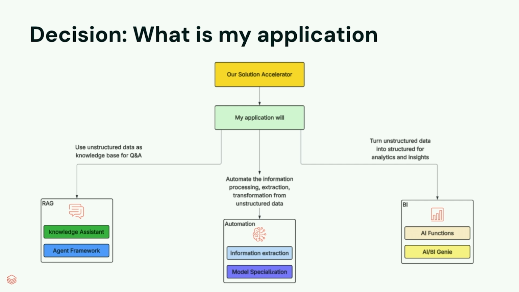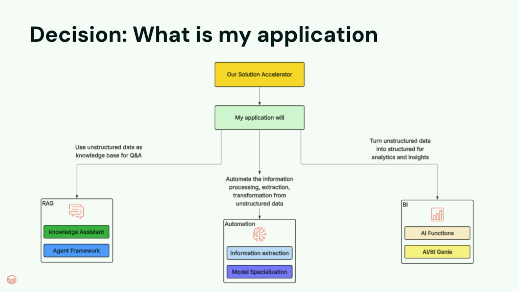I still want to highlight some of the out-of-box tools here for each of those work streams. Knowledge Assist is our RAG agent. Agent framework is for evaluation. Then information extraction is our key information extraction agent.